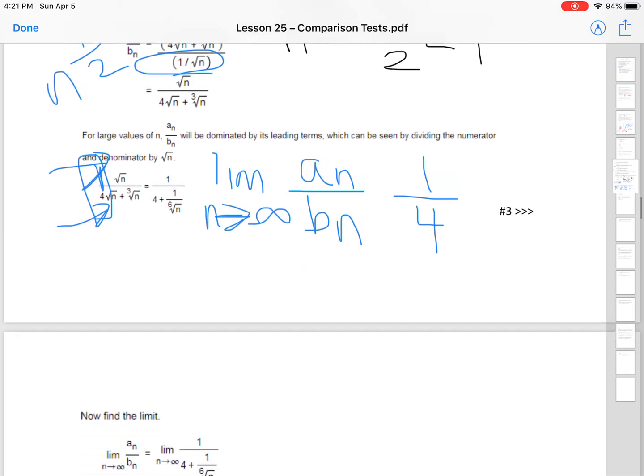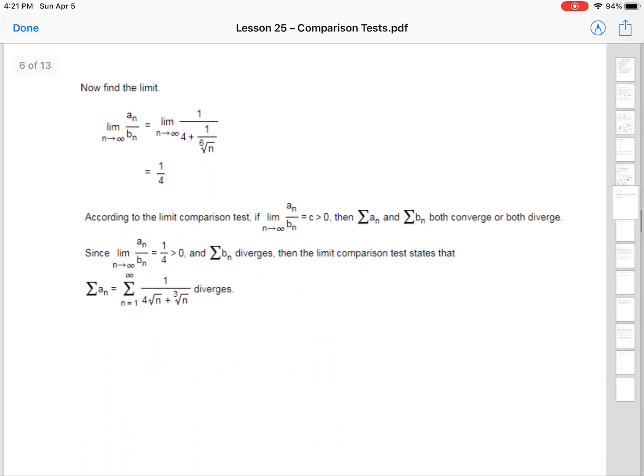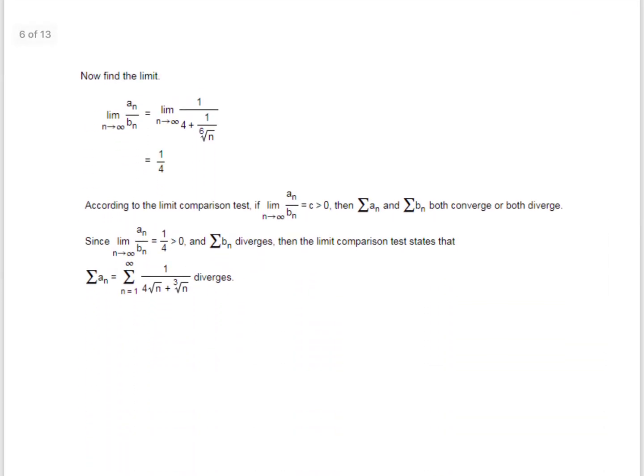Now, 1/4 is positive, and because our made-up series diverged, then the original series a sub n also has to follow suit. So by the limit comparison test, the original series a sub n also diverges.